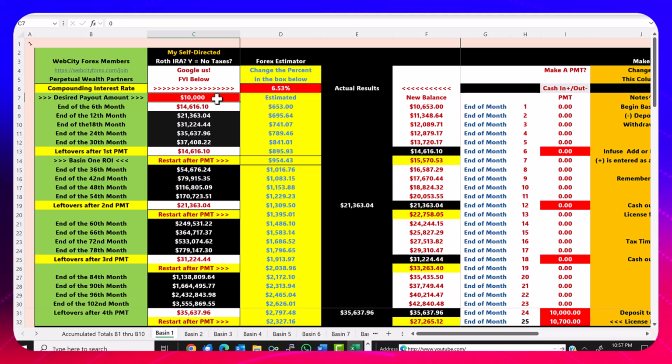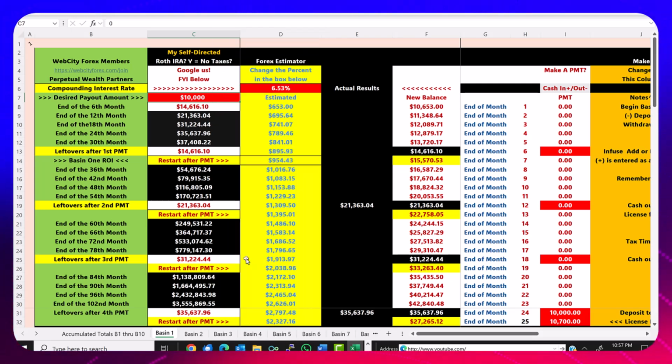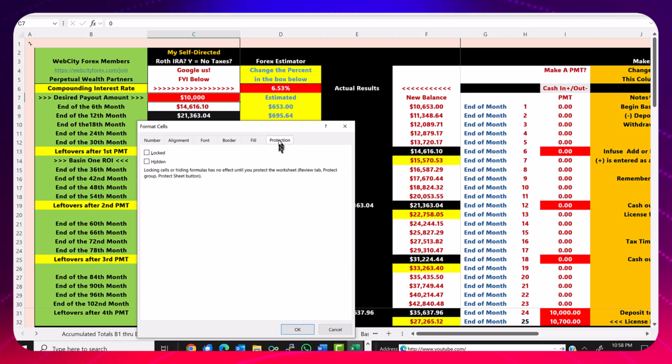Guess you can't. What's going on here? F13. Where's F13? Right there. Why does it say F13? I'm always having fun with these cells. That says 0, but I think it's probably protected, locked.